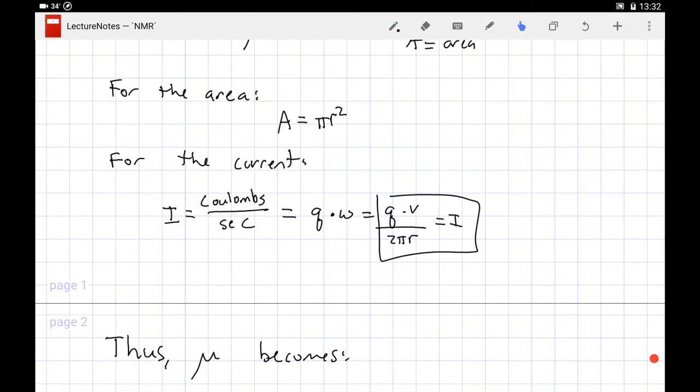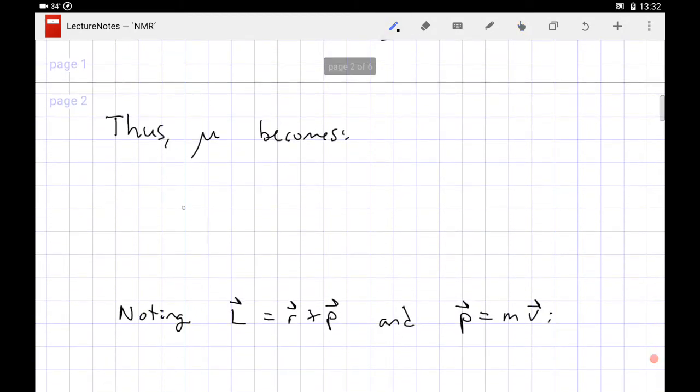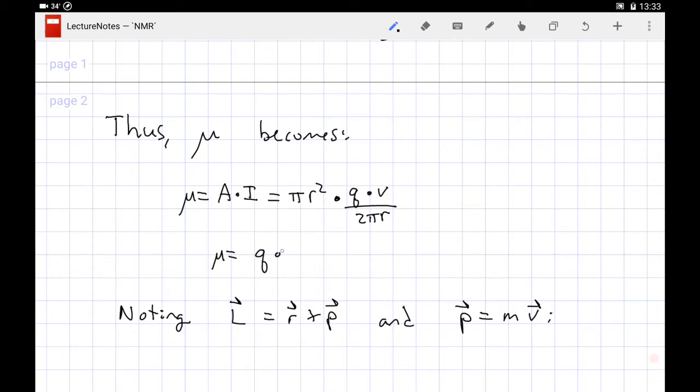Okay, cool. So if we recall, mu equals the area times the current, and we said the area was pi r squared, and our current was the charge times the linear speed divided by 2 pi r. All right, so then mu becomes the charge times r times v over 2.